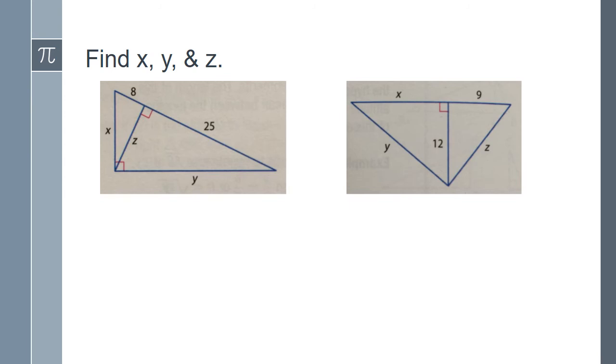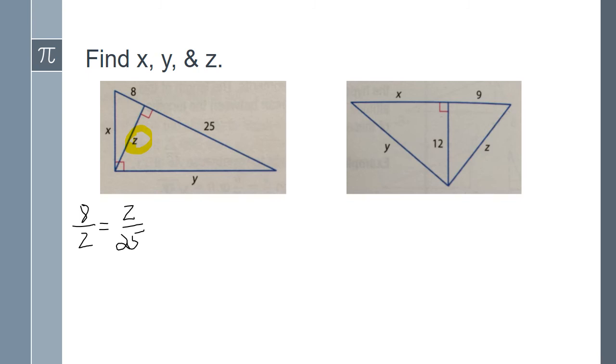Okay, find x, y, and z. And you can do these in any order you wish, so you have to look at these. I am always a big fan of starting with the length of the altitude, because it blends into everything else really easily. So I'm going to do 8 over z equals z over 25.